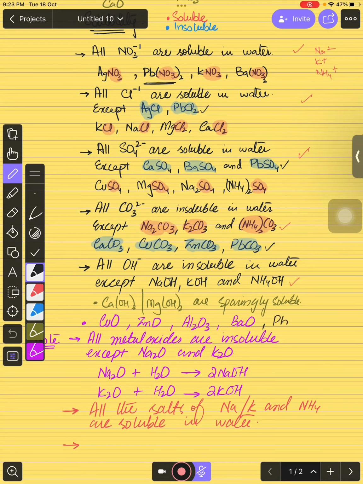So you can say that all the salts of lead are insoluble. All the salts of lead are insoluble, only nitrate is soluble. So you can say that only the nitrate salt of lead is soluble and the rest are all insoluble.